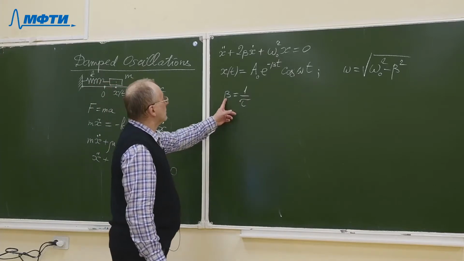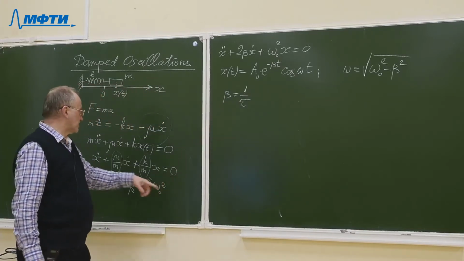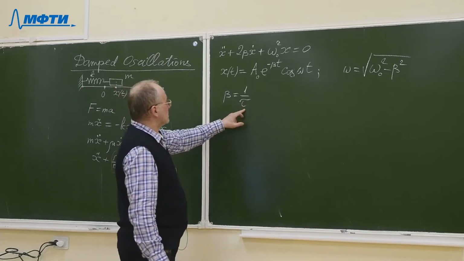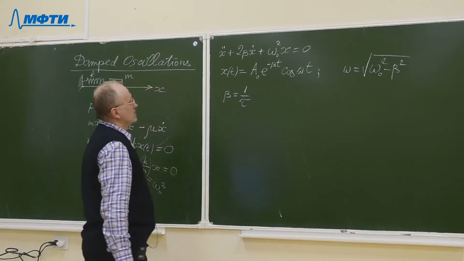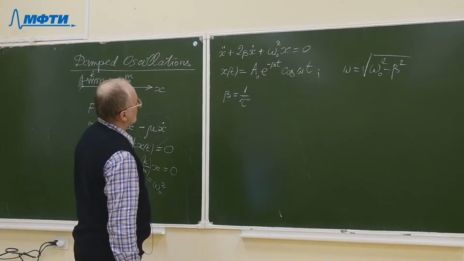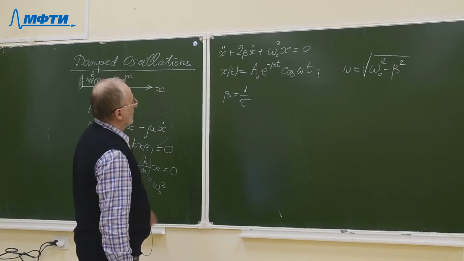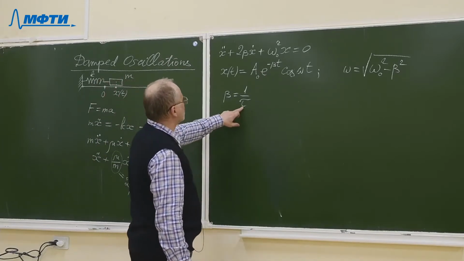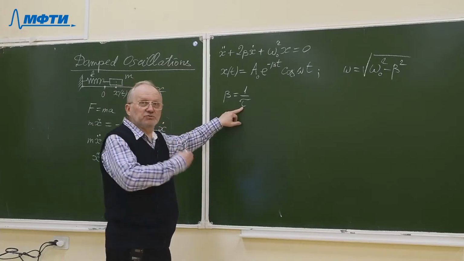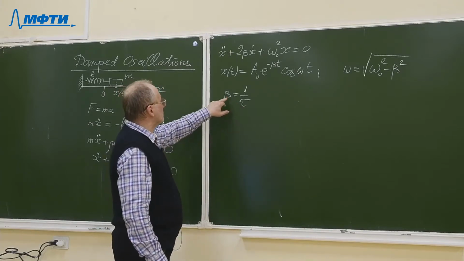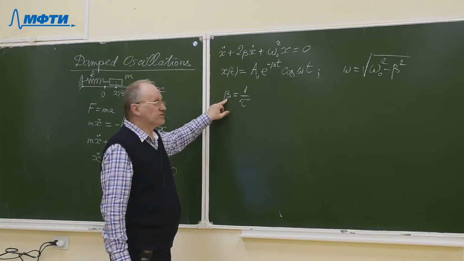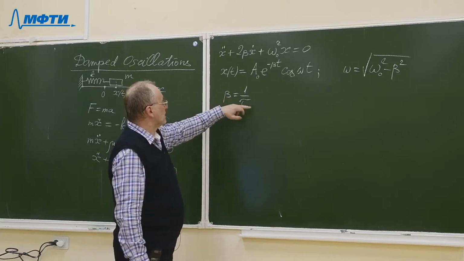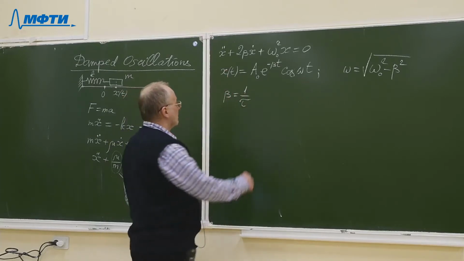Beta is constant, characterizing the air drag, and time period tau is also some constant. And if we use this new quantity tau, which we introduced based on the units of measurement of beta, the units of measurement should be seconds to the minus 1.